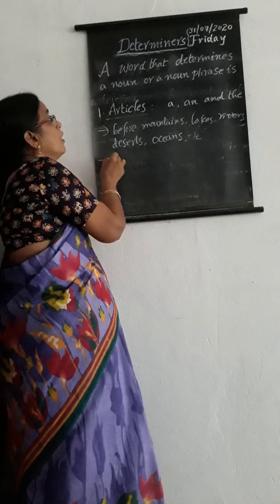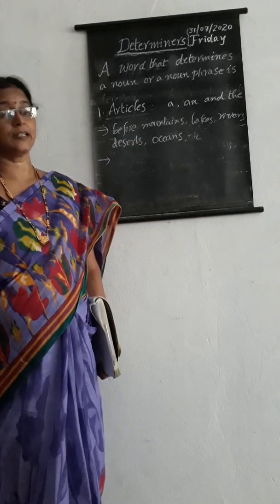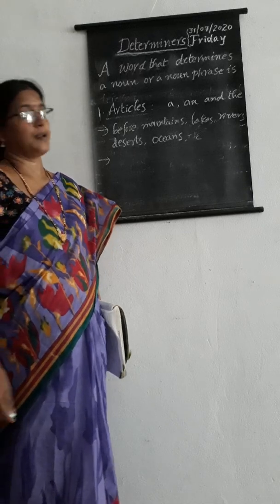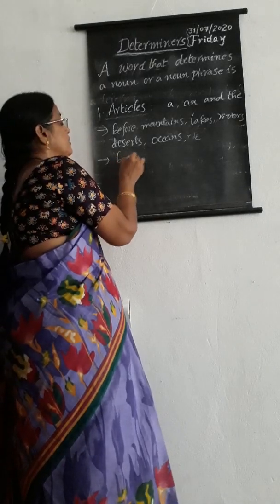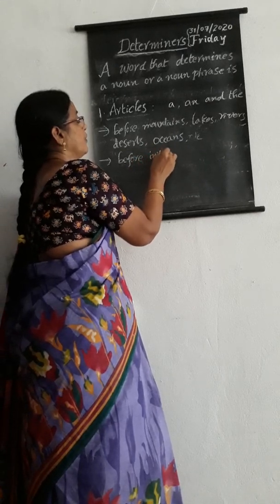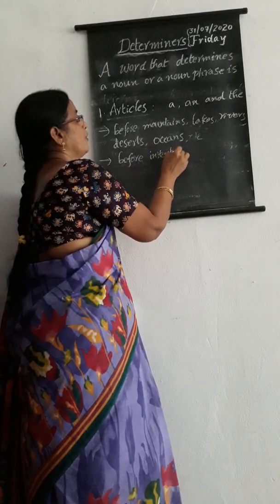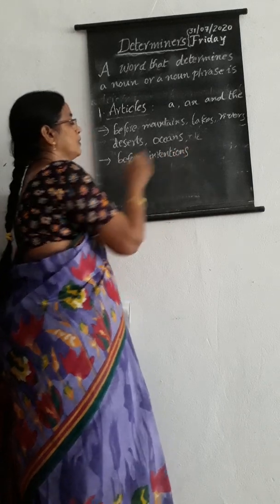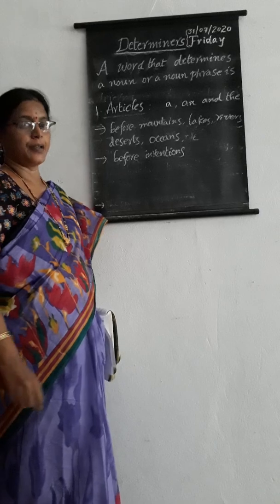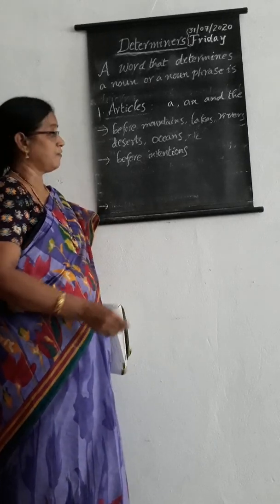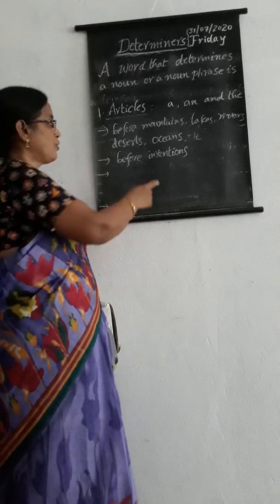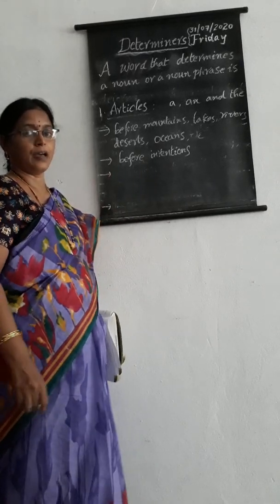Before mountains names, lakes, rivers, oceans and deserts names also we have to use the definite article the. Before inventions also we have to use the: the TV, the radio, the PSLV, the Titanic. Before inventions we have to use the definite article the.